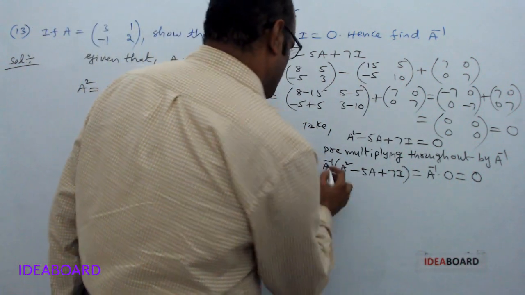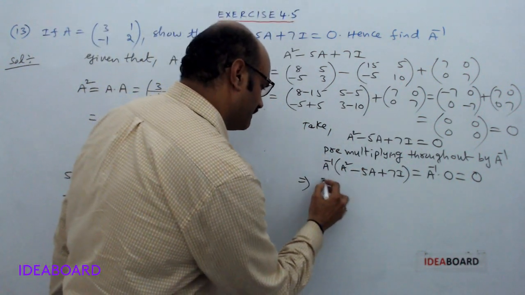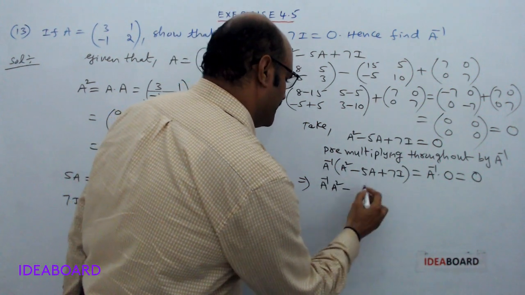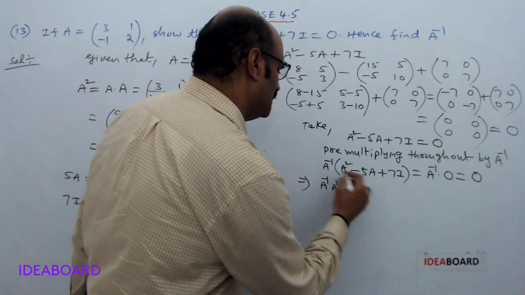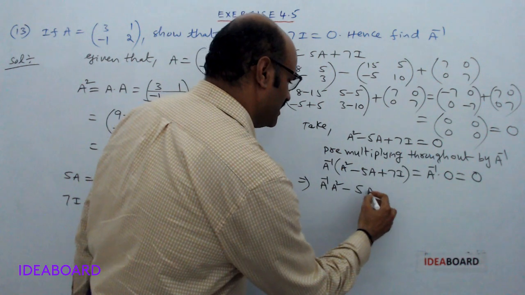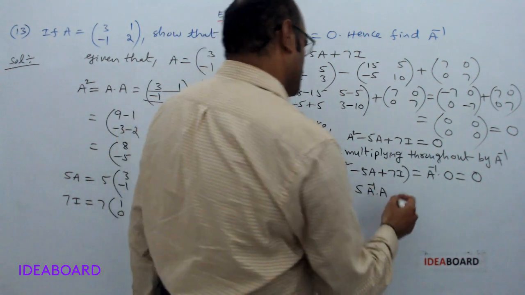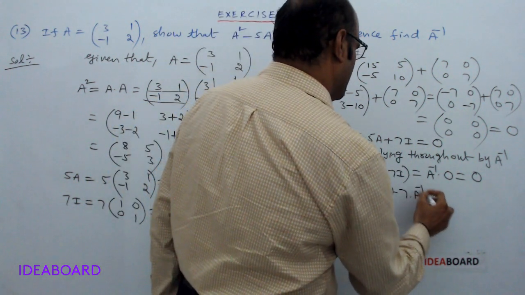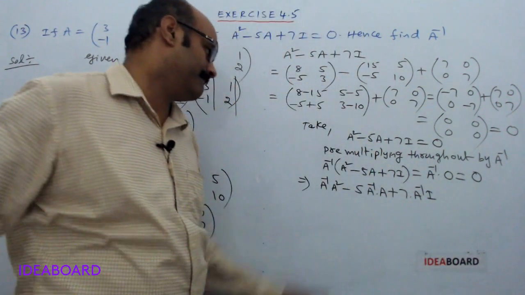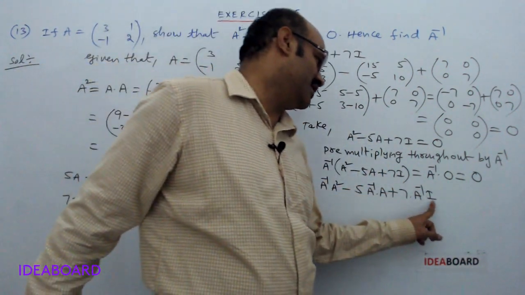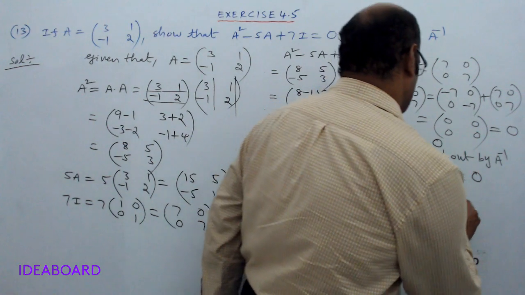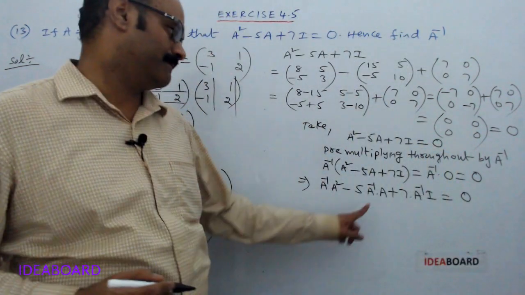Now A inverse into A square minus 5 into A inverse into A plus 7 into A inverse into I equal to null matrix.